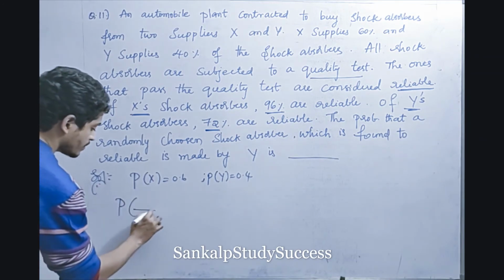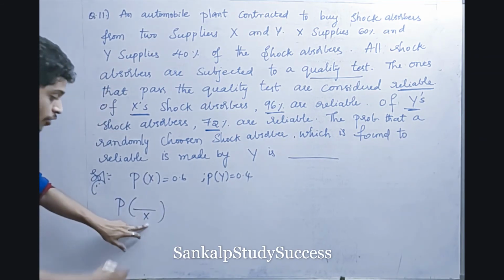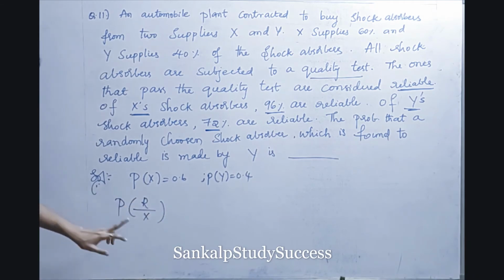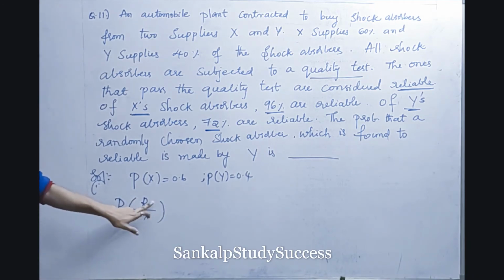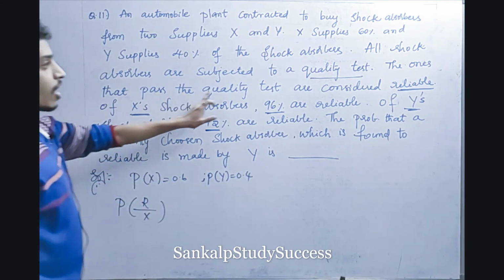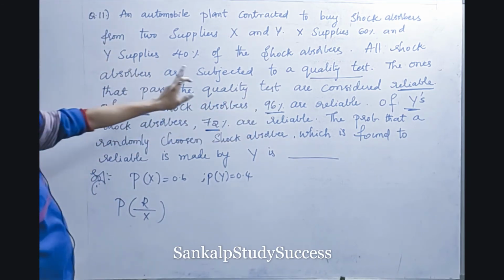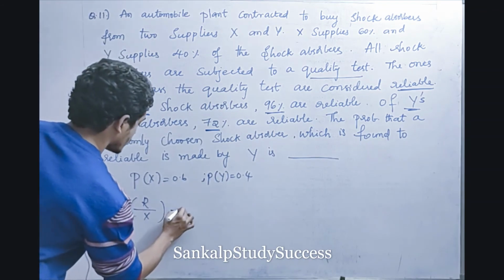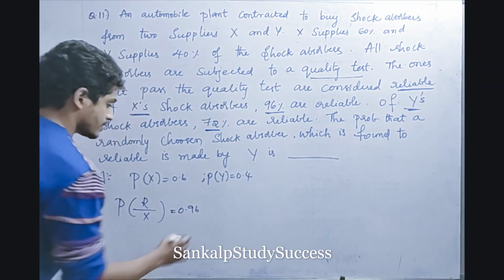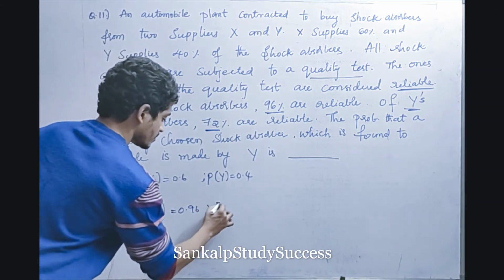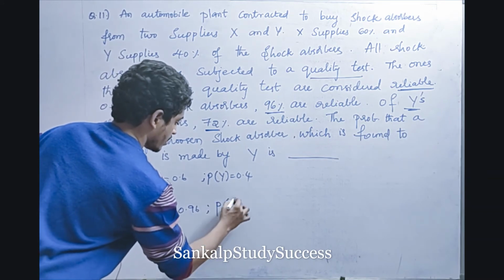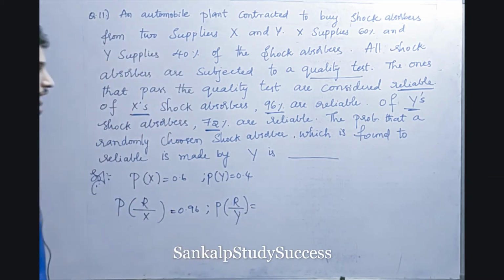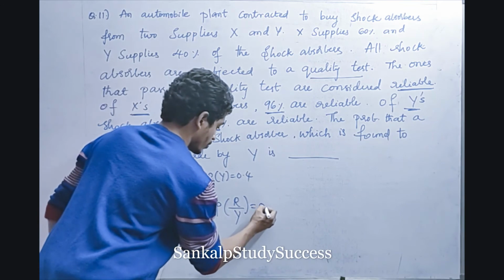From X shock absorbers, the probability of reliability is 0.96. Next, of the shock absorbers from Y, 72% are reliable. That is nothing but 0.72.